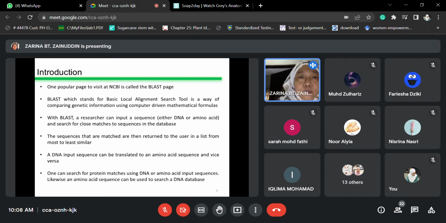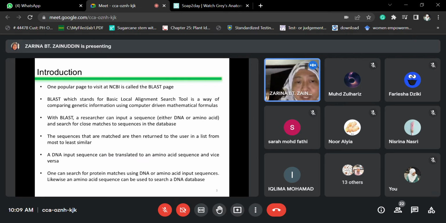You want to check which gene sequence it is similar to. Using BLAST, you can input your sequence, and then it searches for the close matches to the sequences in the database. The sequences that are matched are then written to the user in a list from most to least similar.